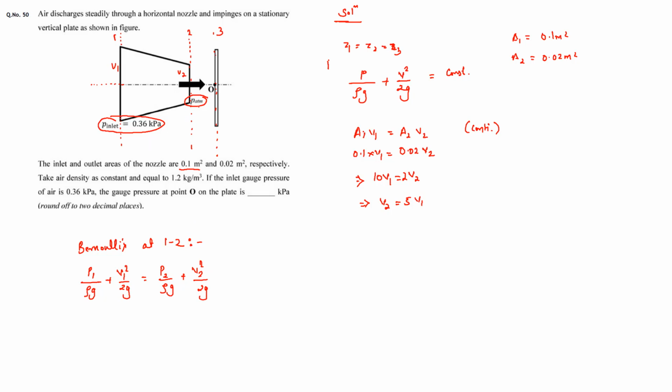Now, notice that P1 or P inlet given to us is in gauge pressure, and P atmospheric is just atmospheric pressure. So in terms of gauge pressure, this is zero. Any gauge pressure is equal to the total pressure minus the atmospheric pressure.